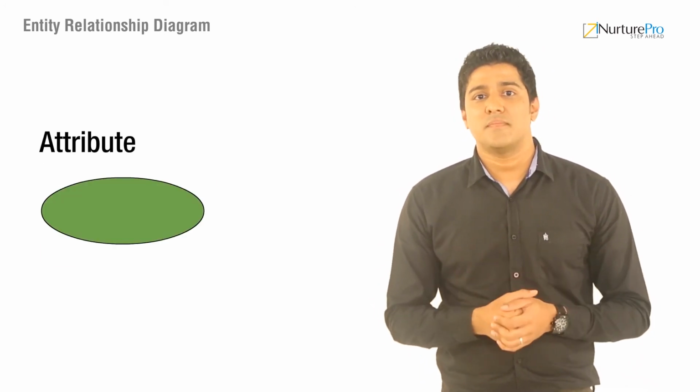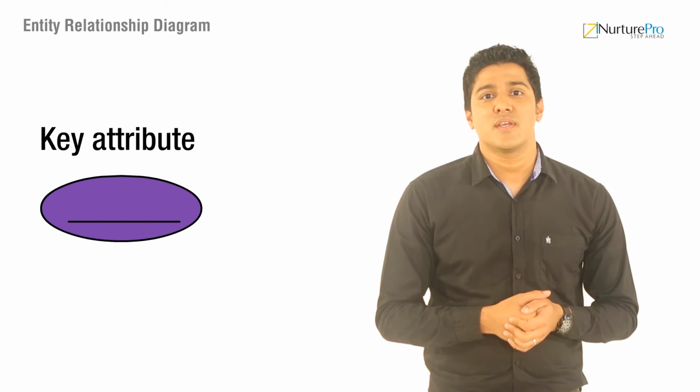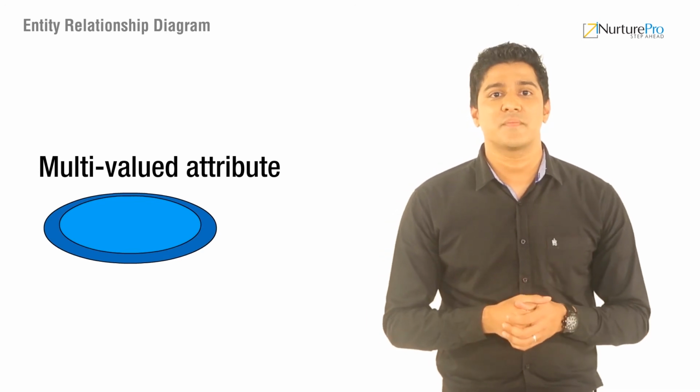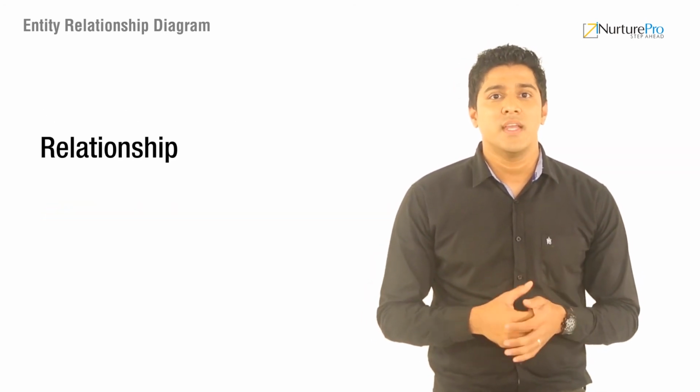Attribute describes the property of an entity represented by ellipse. And there are many other attributes to represent the property of an entity, such as key attribute, which is represented by ellipse with an underlying line. Multi-valued attribute represented by double ellipse. Derived attribute represented by dashed ellipse. Composite attribute represented by hierarchical ellipse.